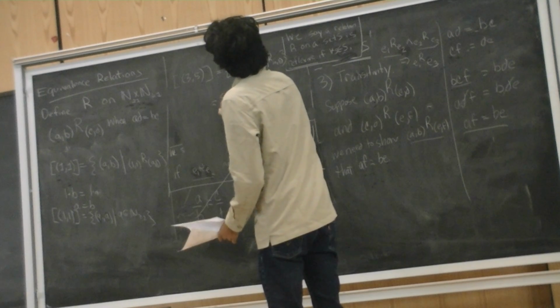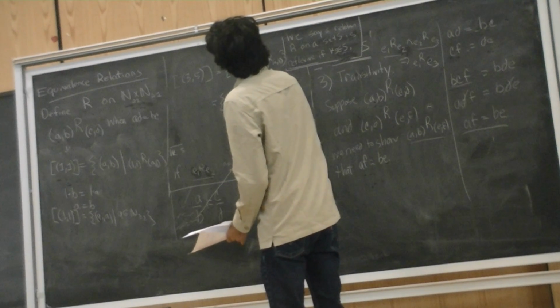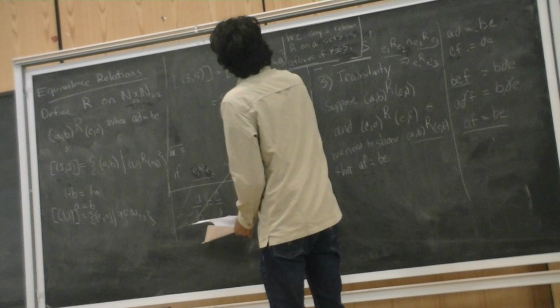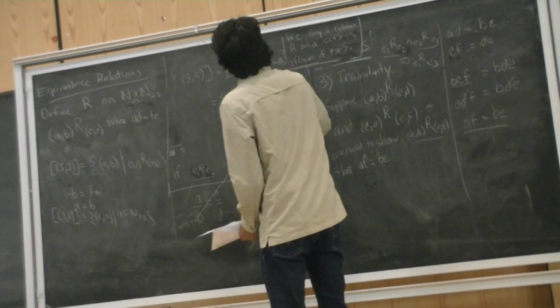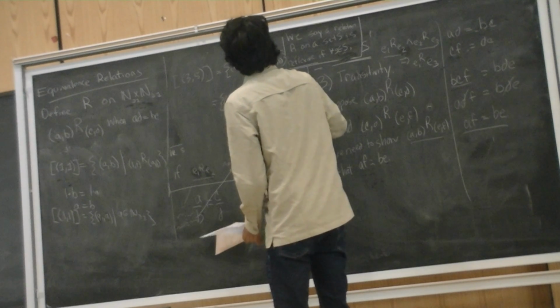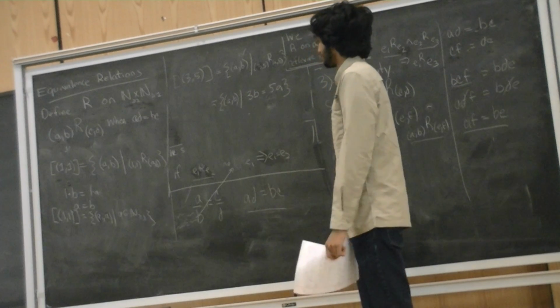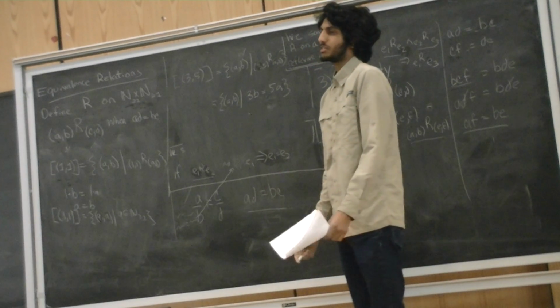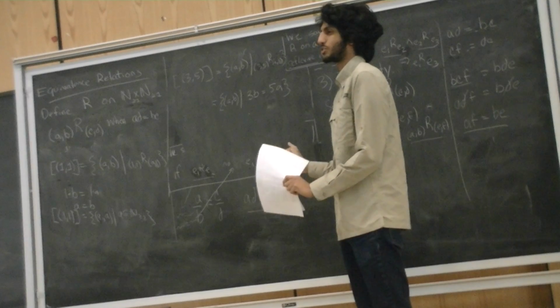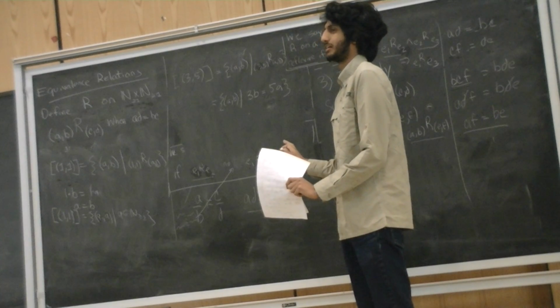Equivalently, these are tuples a comma b such that 3 times b is equal to 5 times a. This is pretty much the most succinct description you're going to get.